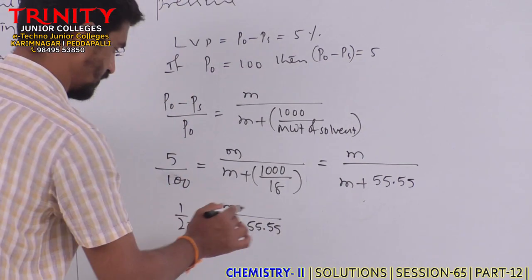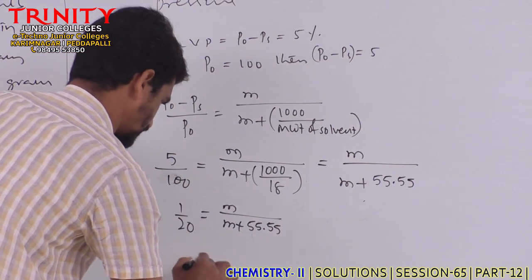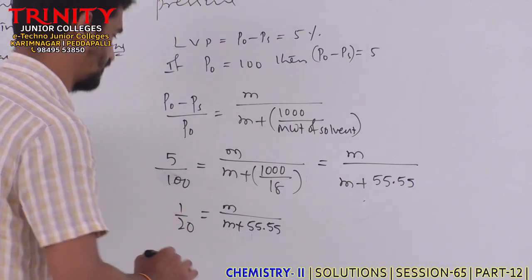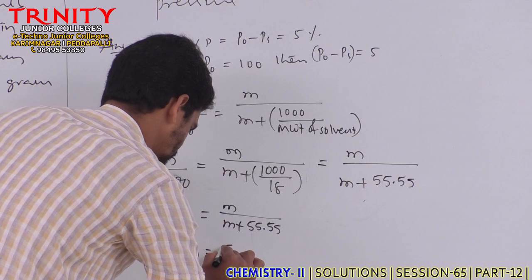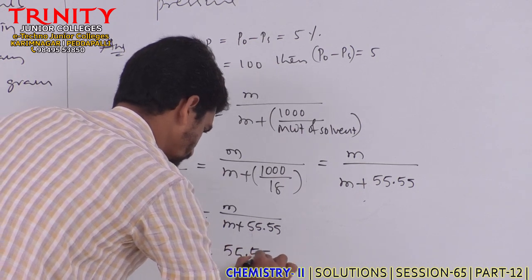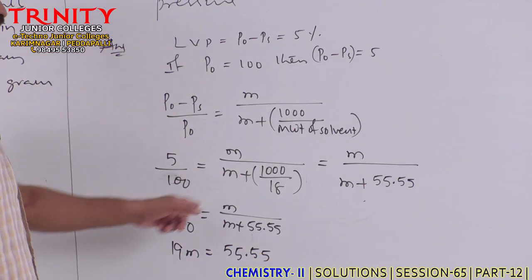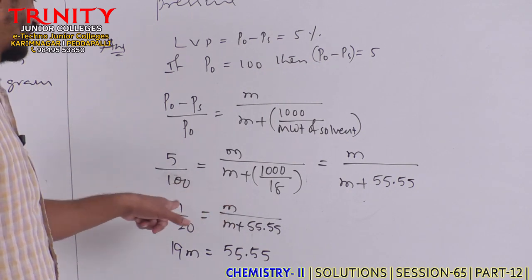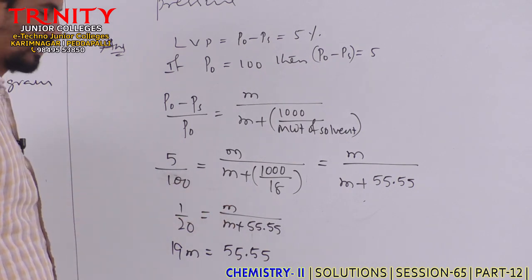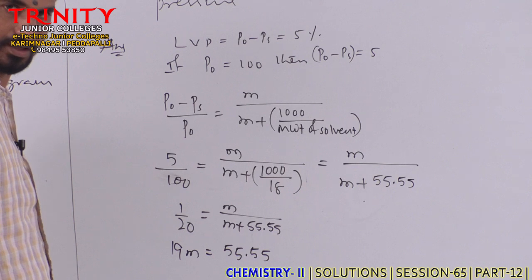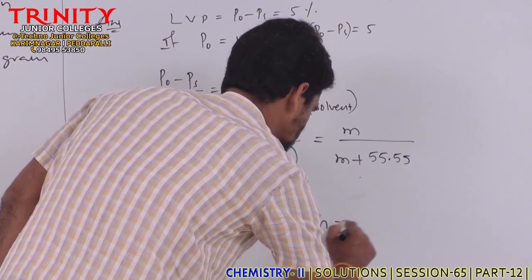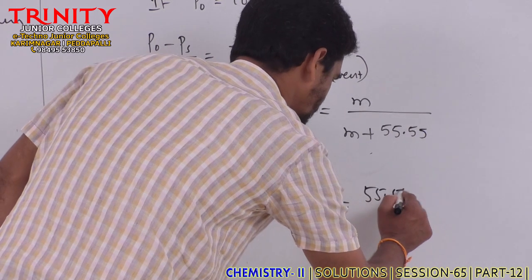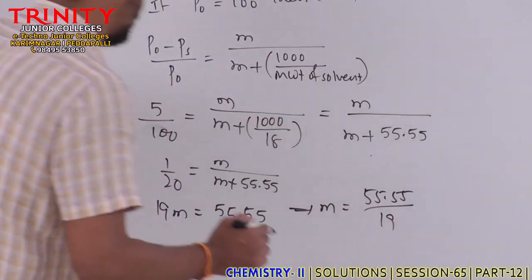By cross multiplication, 20m equals m plus 55.55, that is 20m minus 1m, which is 19m, equals 55.55. From this, m equals 55.55 by 19.